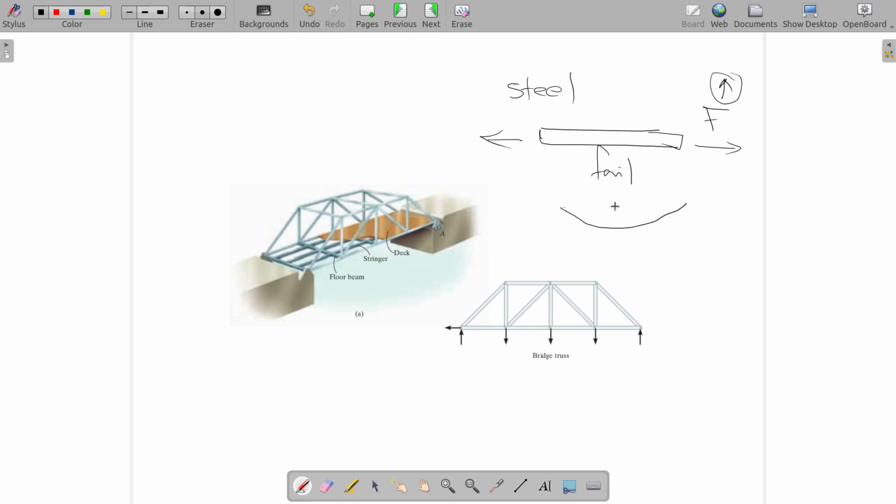If compressive force is too high, again the member can fail. It can bend, it can break, we don't know. So to avoid failure, we want to make sure that the force withstood by this structure is distributed between these members in such a way that the members are able to withstand the total load.